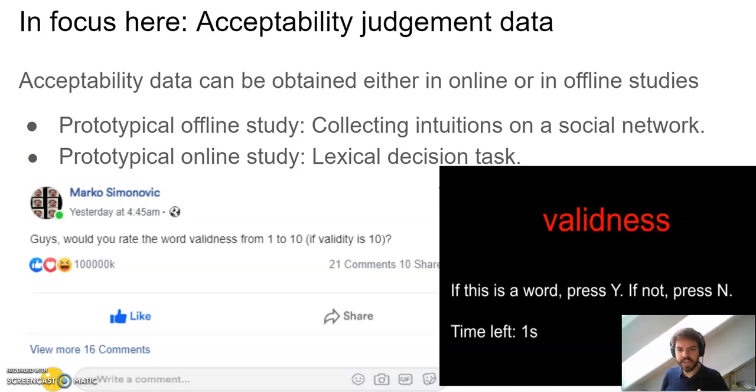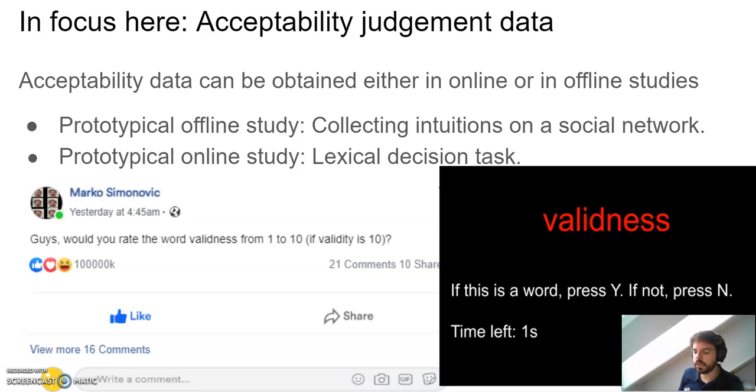How would you rate the word validness from 1 to 10? And then you get all kinds of answers, but people have all the time in the world to think, change their mind, change their answer, read what other people said. That's another issue, but that makes it a very offline task.